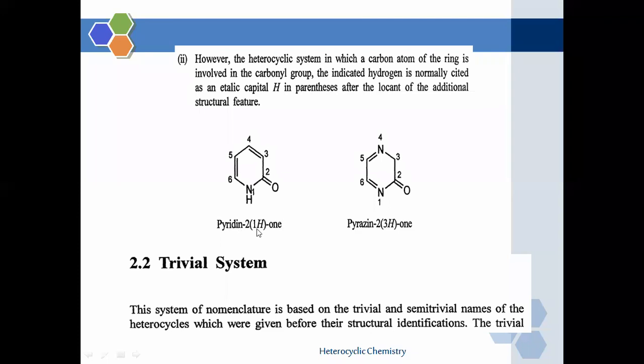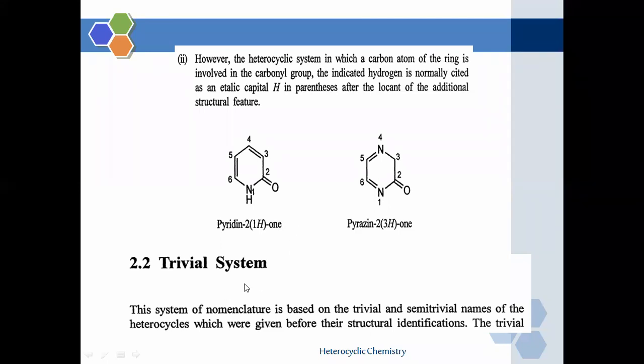So what is the name of the compound? Pyridin-2(1H)-one. A capital italic letter H in parentheses after the location of the additional structural feature. See here. Likewise, we are going to give the IUPAC nomenclature for this compound.